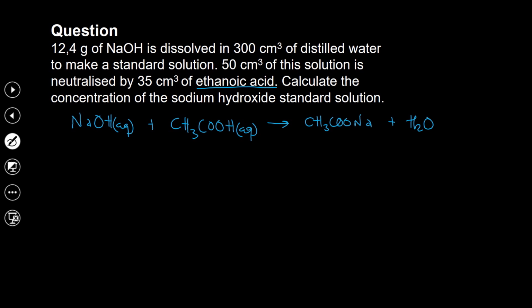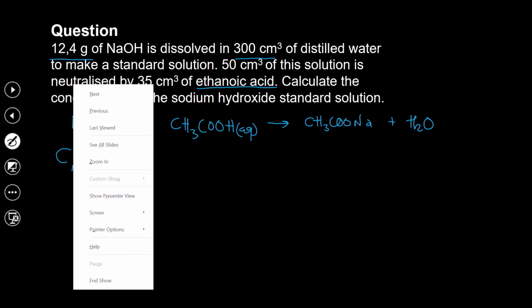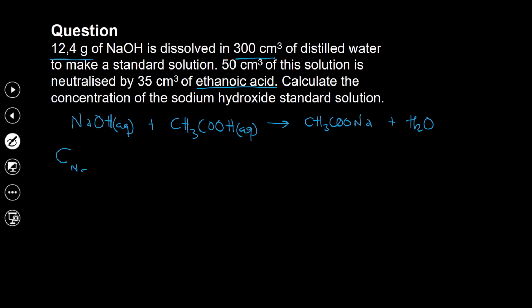So if we go to the story, it tells us about the mass of sodium hydroxide in a volume. So we are able to determine the concentration of sodium hydroxide. We would calculate it by saying mass over molar mass times volume, which gives us the actual concentration.